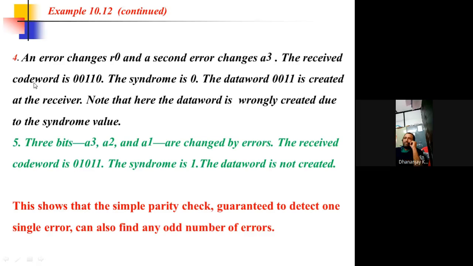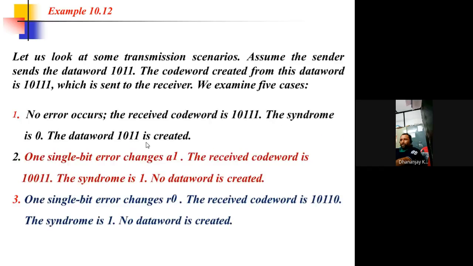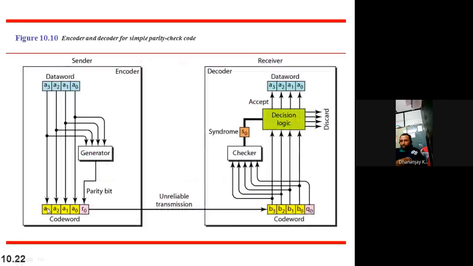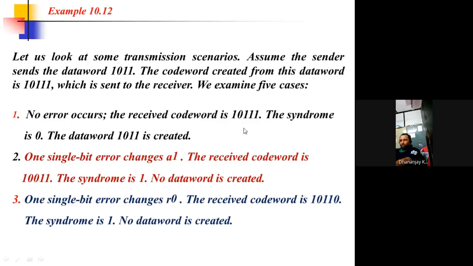If a 3-bit error occurs, say for example A3, A2 and A1, which we have seen here, if these 3 bits change, then out of 1011, the first 3 bits will change.